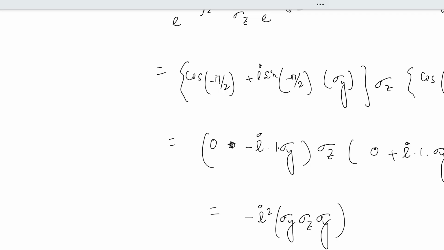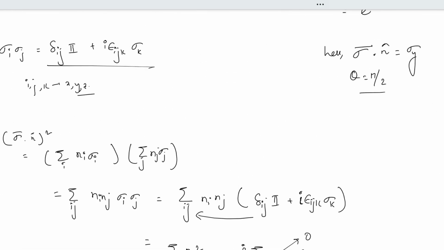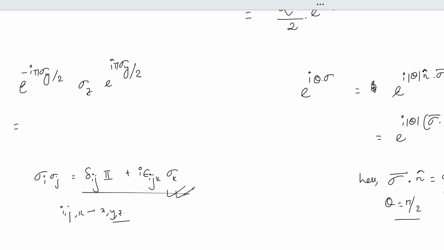Now you already know from the Pauli matrices formula, for i not equal to j, we will be using this formula. So from here you see that sigma y sigma z is equal to delta for i not equal to j, so this is 0 plus i epsilon ijk, in the cyclic order xyz, then yzx, zxy, it is plus 1, i into plus 1 into sigma x, so this is i times sigma x.